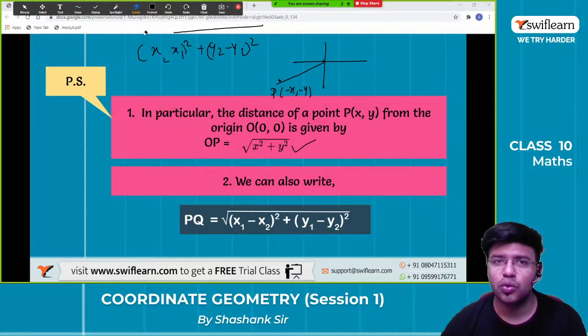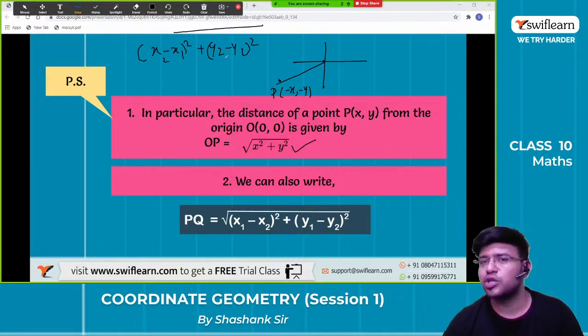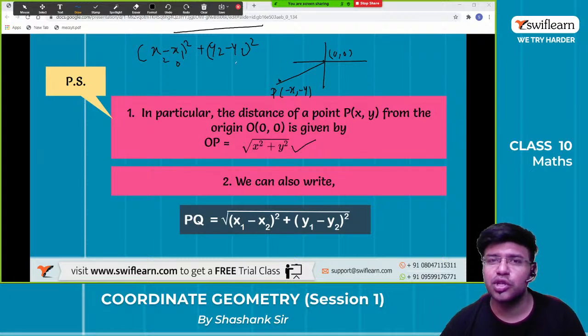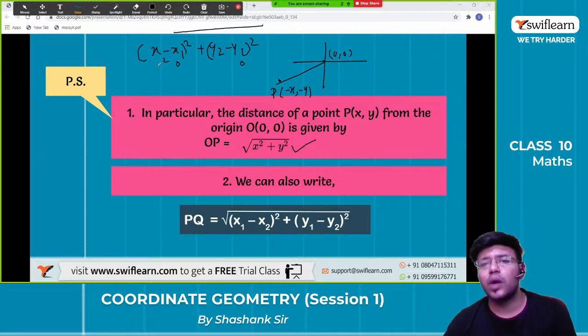So here you substitute x2 as minus x, x1 as 0. The coordinates of this point are 0 and 0. So x2 is minus x. And how much is minus x whole square? Minus x into minus x is x square. And minus y into minus y is y square.